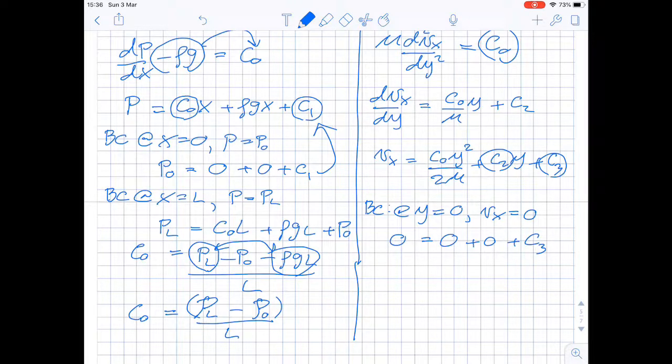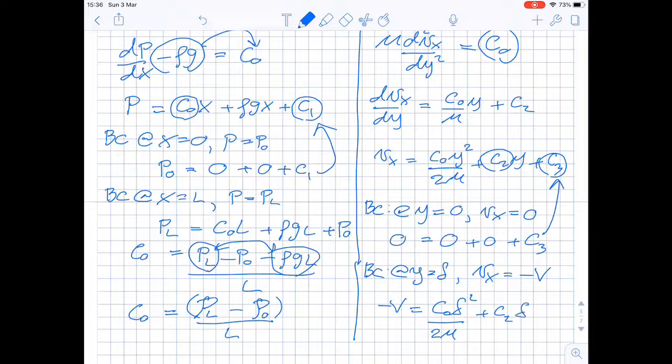So therefore C3 over here is 0. Second boundary, at y equal to delta, Vx is equal to minus V. So plug it in, minus V equal to C0 delta squared over 2 mu plus C2 times delta. And C3 is gone because it was proven to be 0.